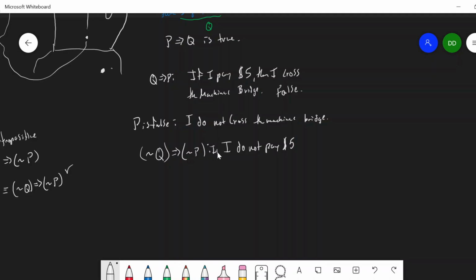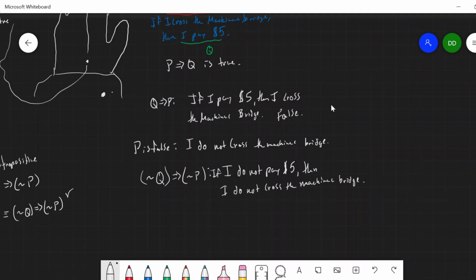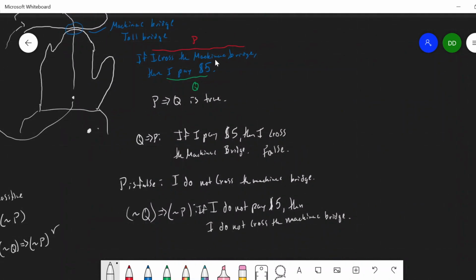I say if I do not pay $5, then, P was I cross the Mackinac Bridge, so this would be then I do not cross the Mackinac Bridge. So the claim is that this is the same as P implies Q. If I cross the Mackinac Bridge, then I pay $5.